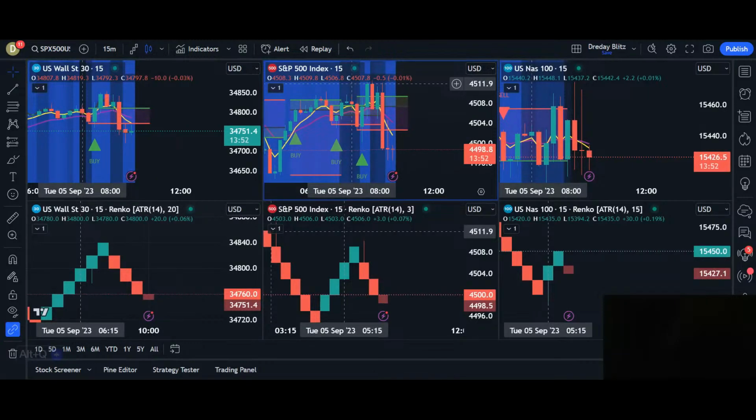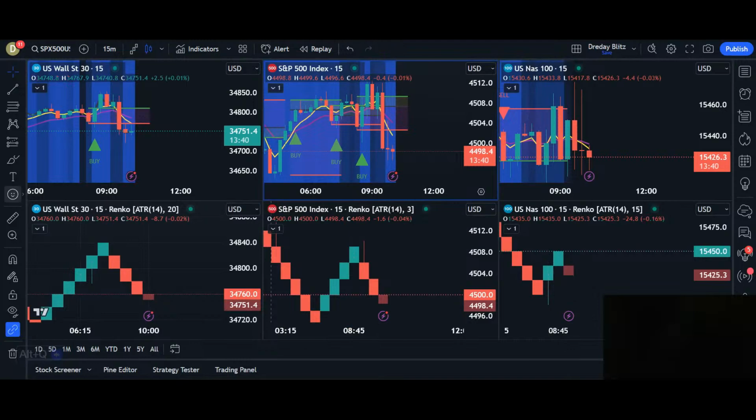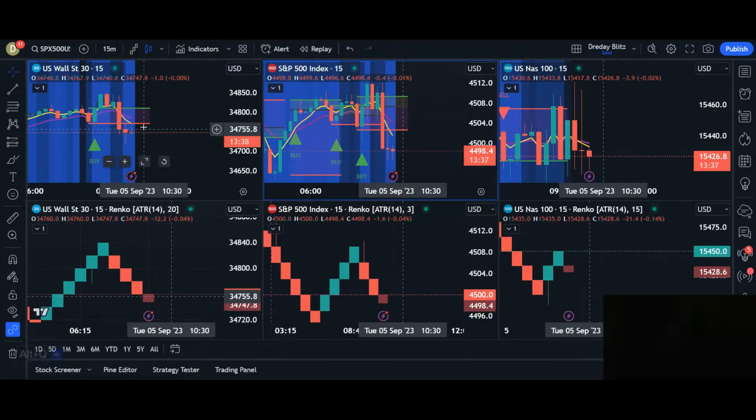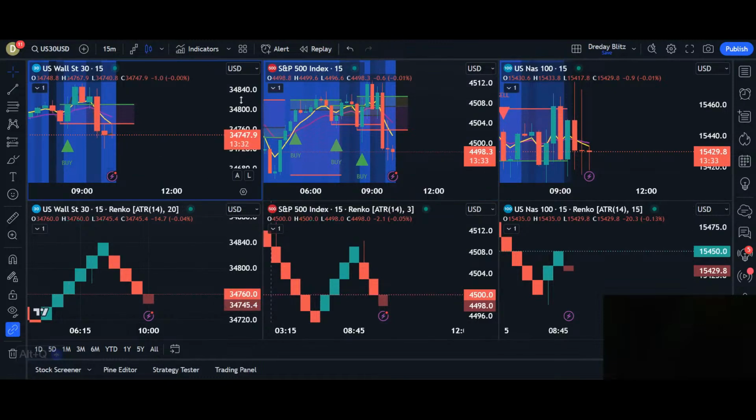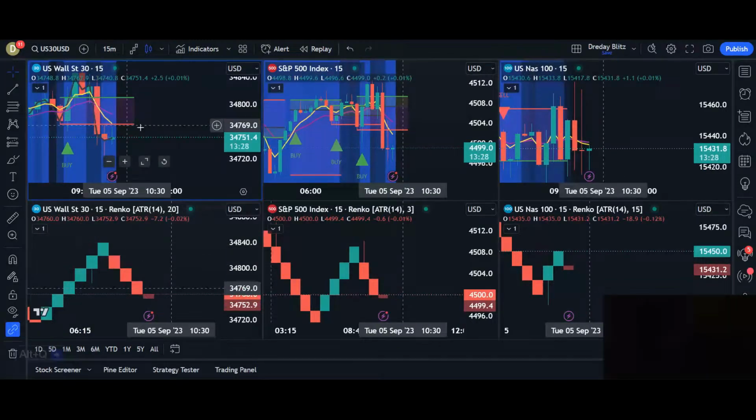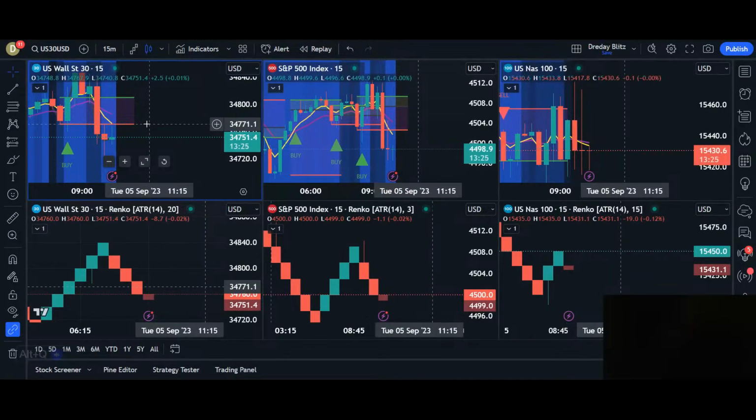Nasdaq is still not decided yet on where it wants to go. If you're looking at the EMAs right now, it's still not quite decided, but overall it should be a downtrend.